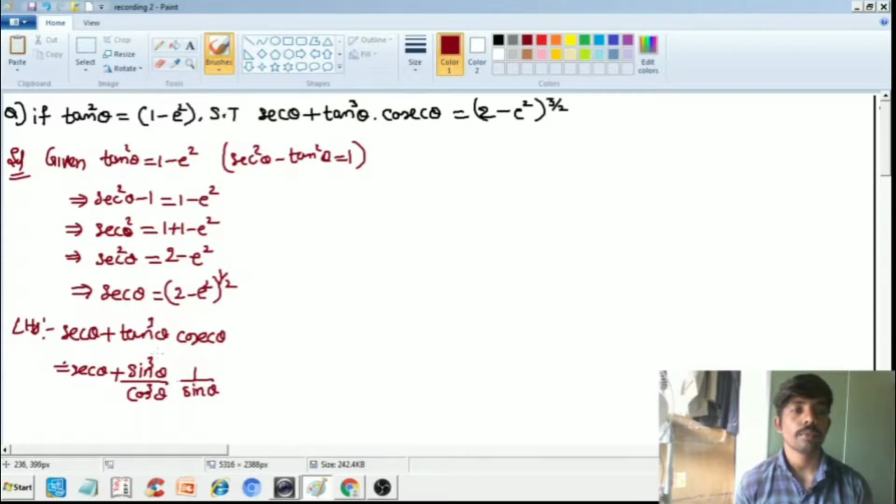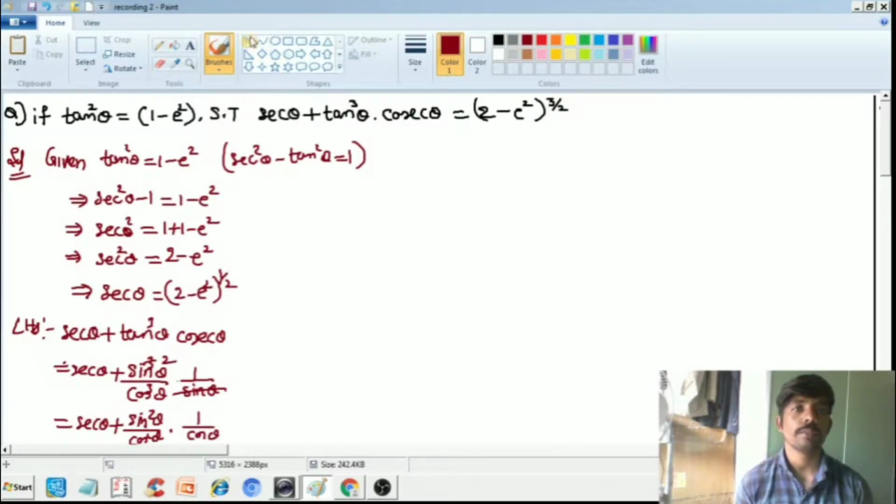From here one sin cancels, and a square remains. So secant theta plus sin square by cos square, which is tan square. I am writing sin square theta by cos square theta into 1 by cos theta. I am separating this cos.